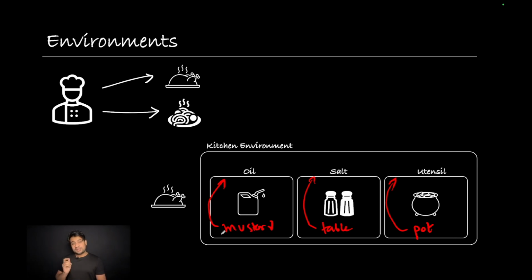So if I want to make pasta, I need to remove the mustard oil and put olive oil there, because pasta requires olive oil, and the table salt is also removed and I need to put brown salt there because pasta requires brown salt, and I need to remove the pot and use an oven instead. So I need to replace the version of oil, salt and utensil if I have to work on a different dish. So that is the problem.